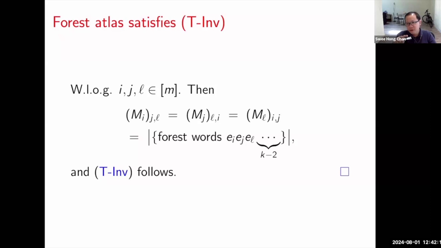If you change the ordering of a forest word, it will still be a forest word. That's why we can, in particular, put e_i, e_j, e_l at the beginning, and these three numbers are all equal to this number of forest words. This is where we use the commutativity of the matroid, the commutativity of the graphs.